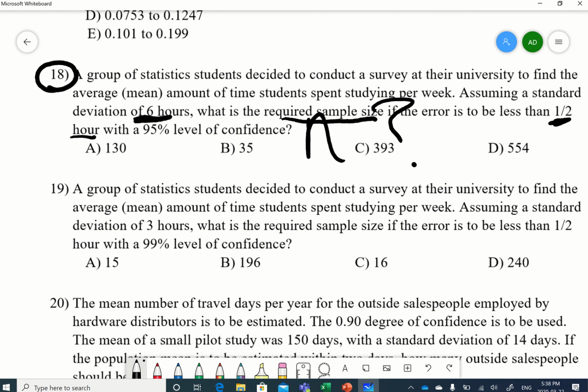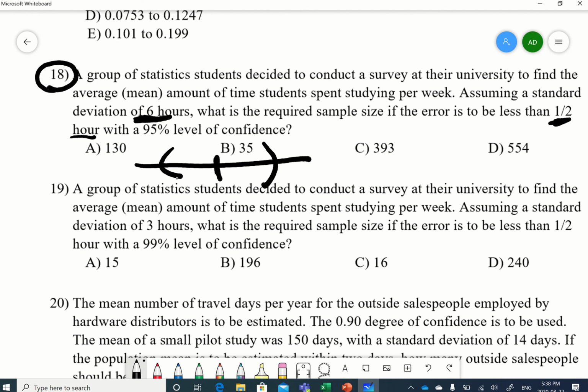So what this means is that when you think of building the interval, you are willing to tolerate 1/2 around the point estimate. So this is the sample mean. We don't have that number, which is fine because we don't need it to do the estimation.